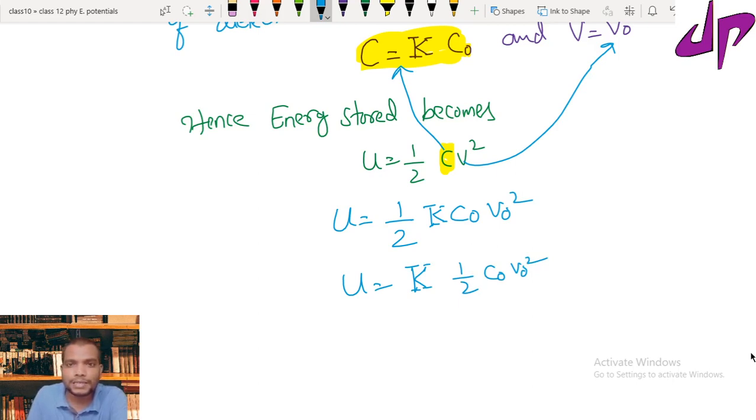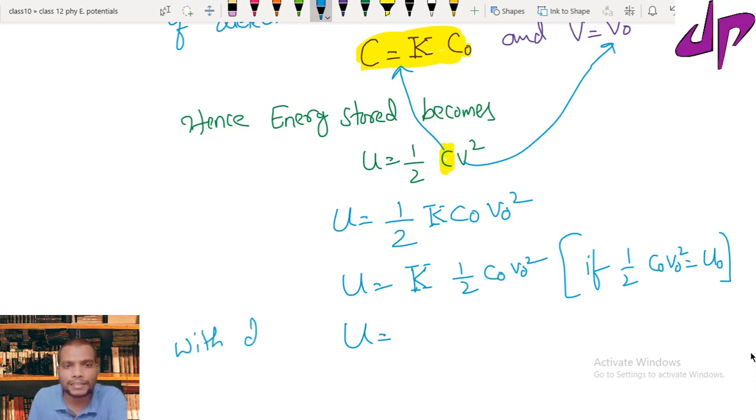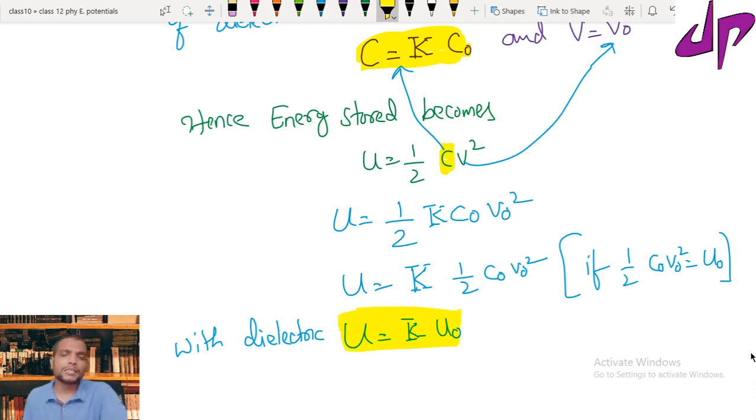If half C naught V naught square equals U naught, the initial potential energy, then the potential energy with dielectric is U equals kappa times U naught. It means if the dielectric medium is present, the potential energy also increases. How much does it increase? The energy stored increases kappa times.